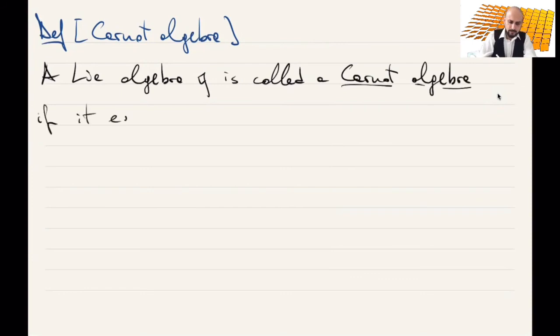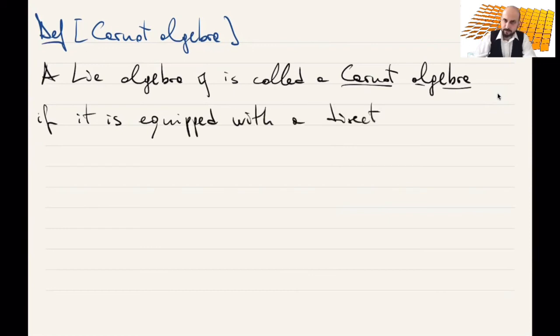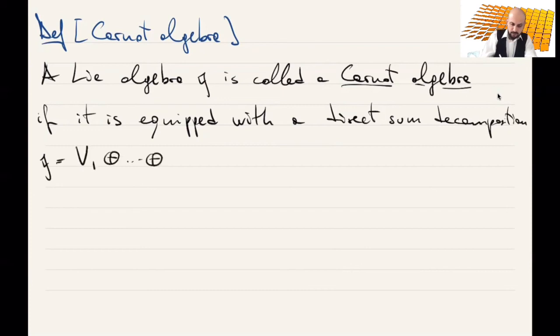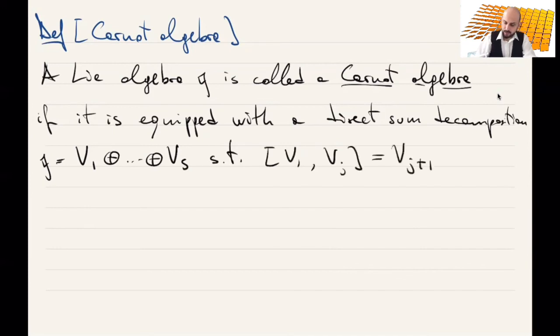equipped with a direct sum decomposition, let's write G equal V1 plus up to Vs, such that the bracket of V1 and Vj is equal to Vj plus 1.